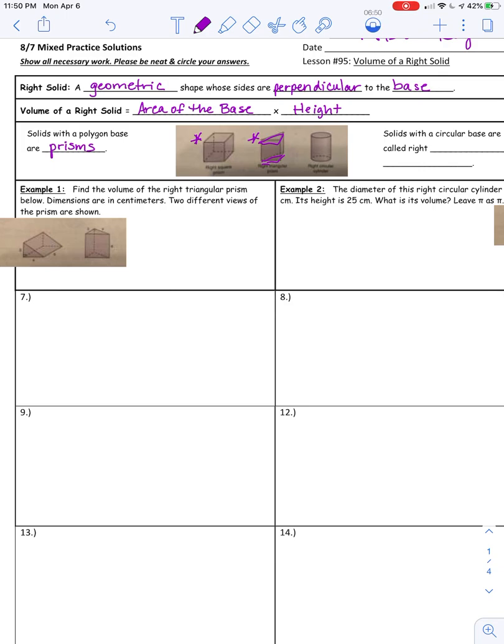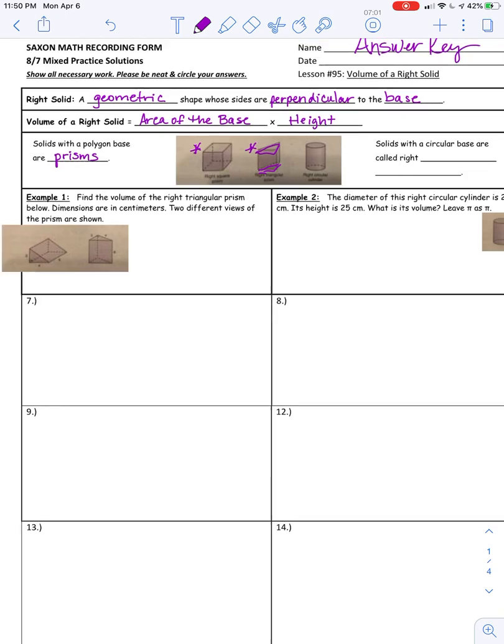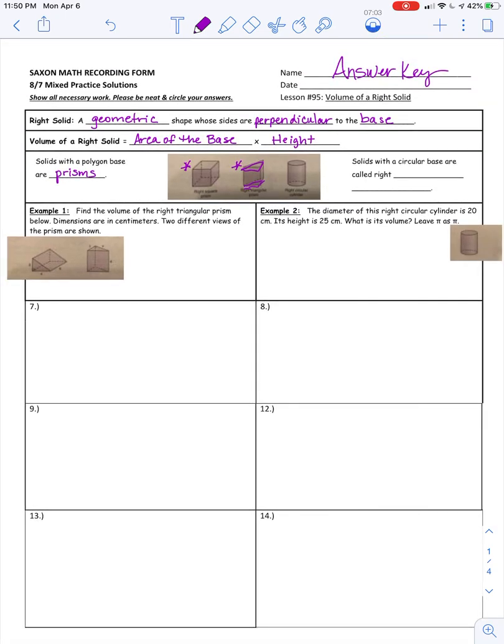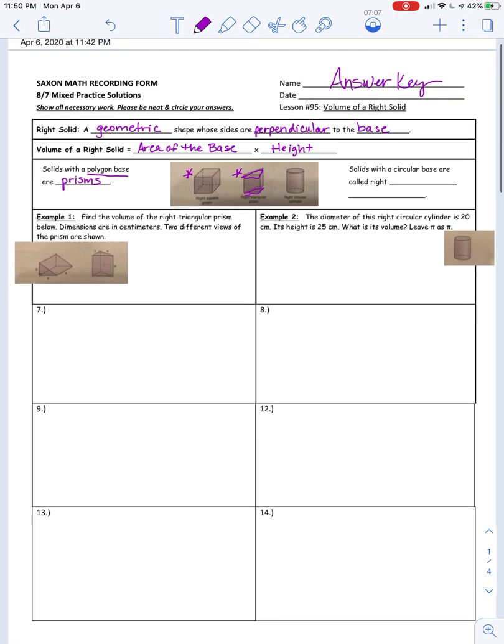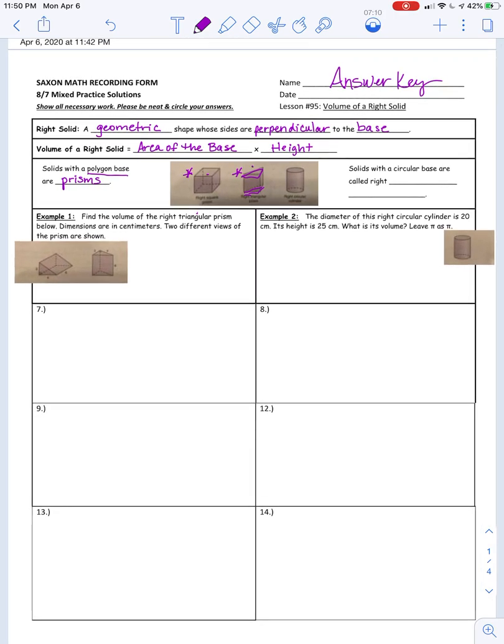If you're standing at the doorway of a tent and looking straight through, the same shape goes all the way from the front side of the tent to the back side. Okay, so that's a prism. But a prism also has to have a polygon base. So these two solids are actually prisms.